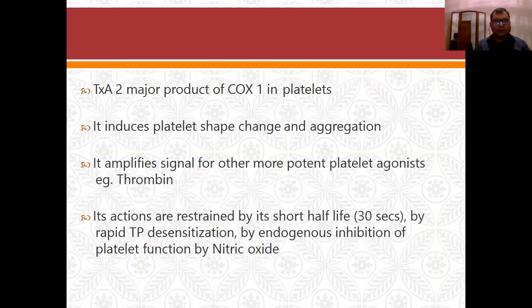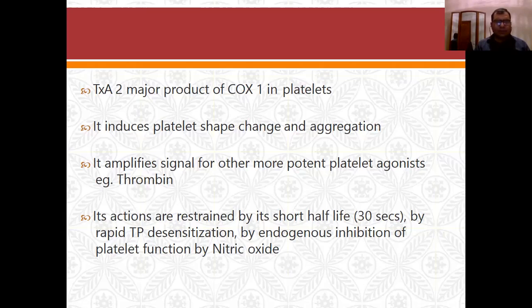Thromboxane A2 is the major product of cyclooxygenase 1 in platelets. It induces platelet shape change and aggregation. By changing the platelet shape, it precipitates aggregation, and while platelets aggregate, the activity of the platelet will be permanent.